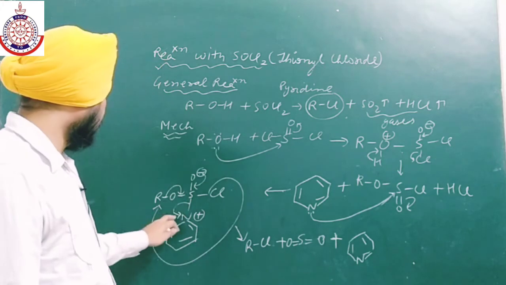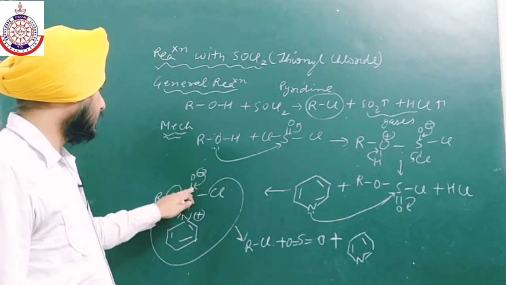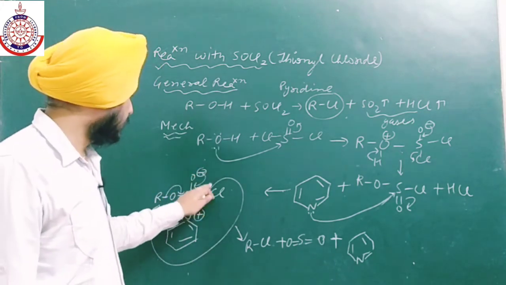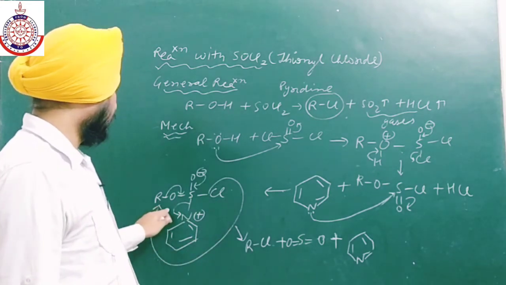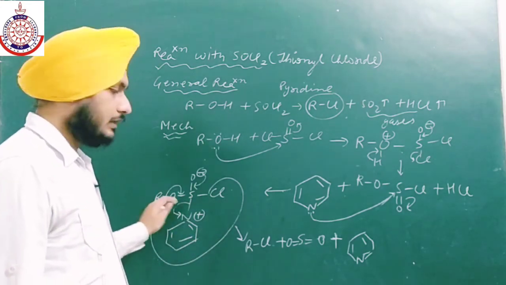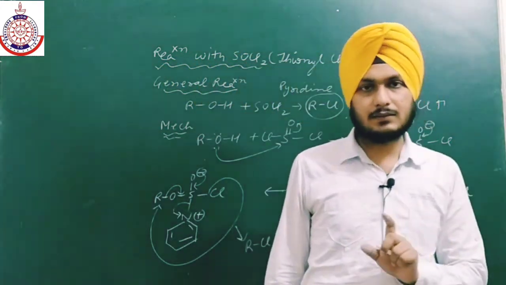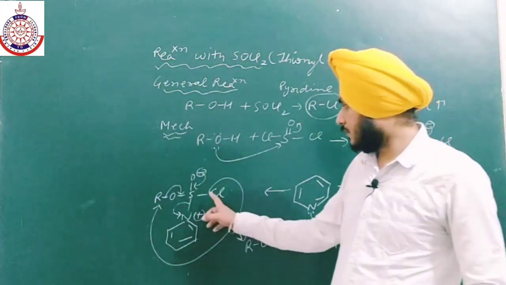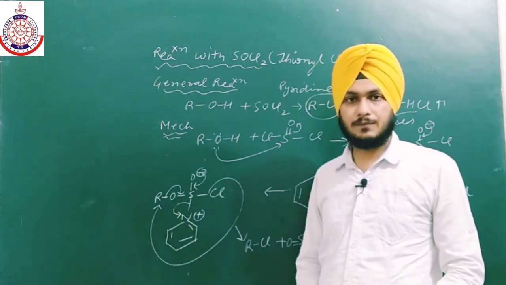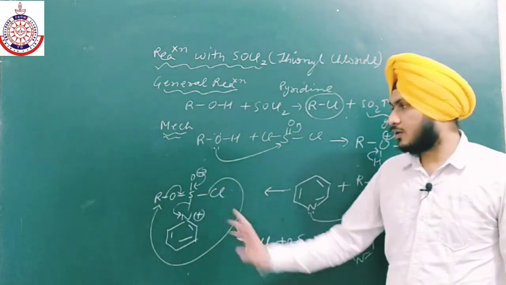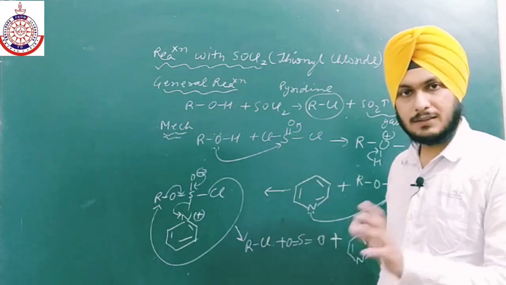Now the catalyst will leave. These electrons will shift over here to form the double bond. Cl negative will leave, and now in this case the Cl negative is present in the structure itself. Okay, so the attack is intramolecular, not intermolecular. So this is the main difference.